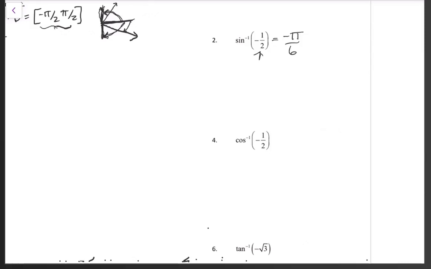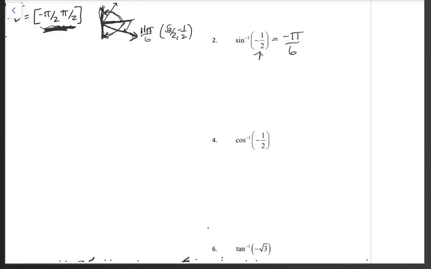Keep in mind, if you're looking at your unit circle, typically that angle over here is listed as 11 pi over 6 with a cosine value of square root of 3 over 2 and a sine value of negative 1/2. But remember, we can't use that angle 11 pi over 6 because we're forced to give an angle in that interval from minus pi over 2 to pi over 2.